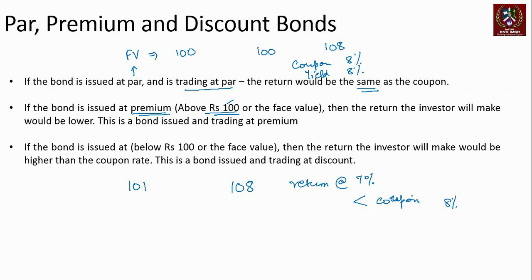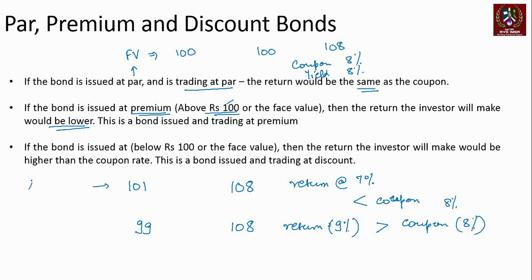So if the bond is issued at a premium, then the return would be lower than the coupon rate, right? If the bond is issued at below rupees 100 or the face value, so if the bond is issued at 99 and the final value is this, the return, which is equal to about 9%, is going to be greater than the coupon, which is at 8%, right?